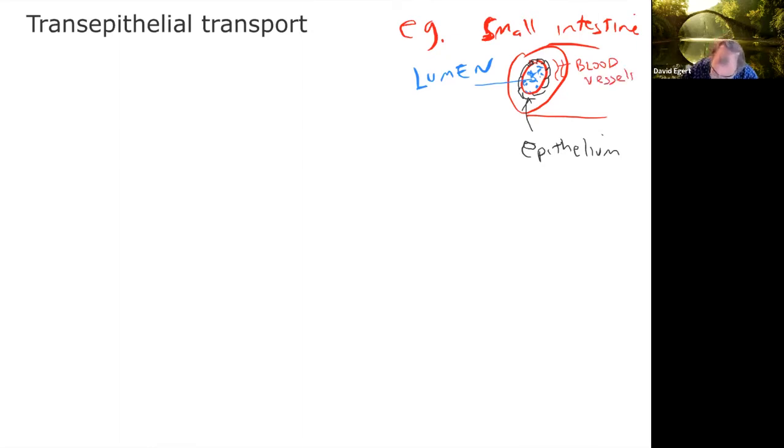We have to bring the nutrients across the wall, across this epithelium, so we can absorb them into the blood vessel. So this is kind of the picture of what I'm drawing here. And I'm going to now draw it much larger.